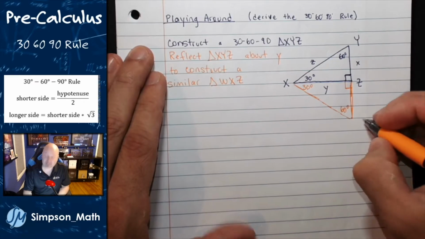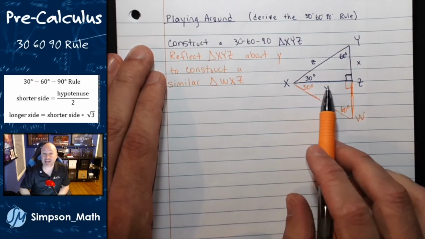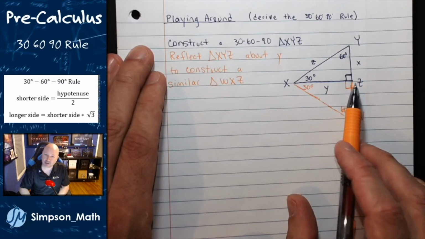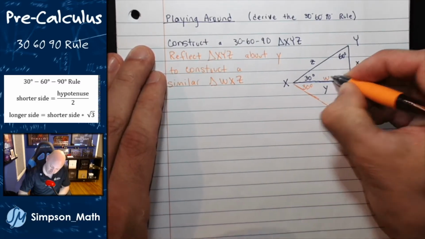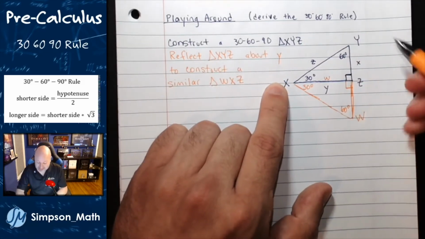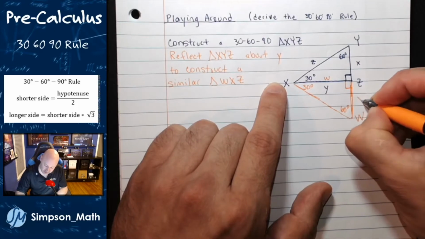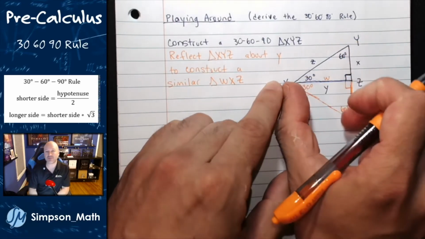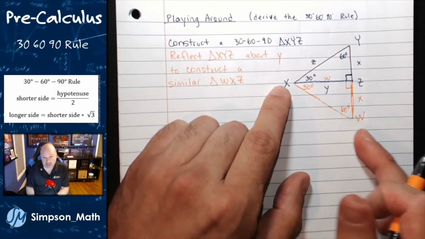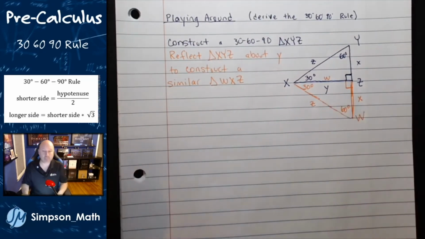I'll call this new vertex W. So Y, the side length that we reflected about, maybe we could also call that little w. The side length X has just been reflected below, so we have another X sitting right here. And then Z has been reflected. This length is still going to be a distance of Z units.